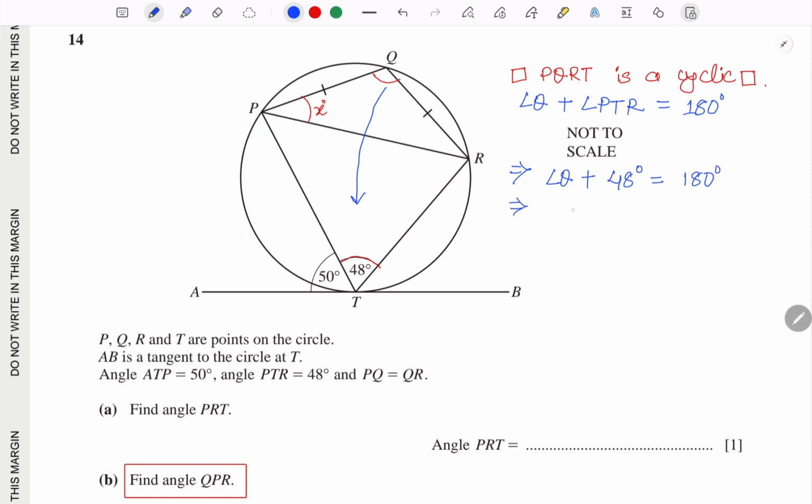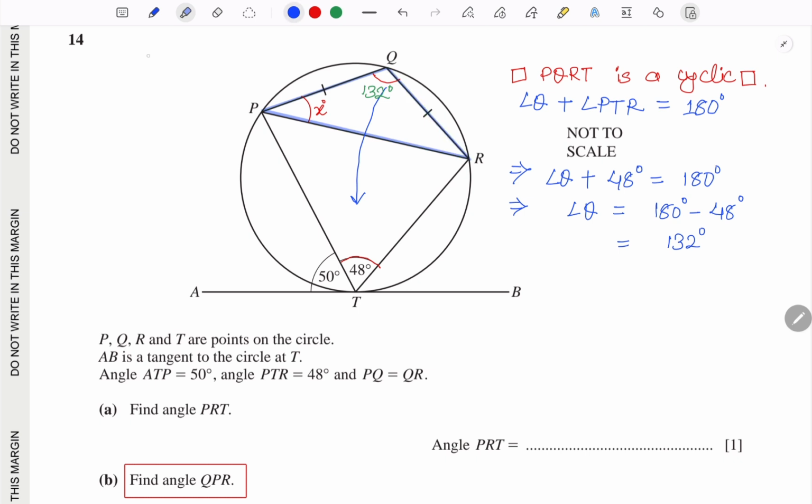From here, I can eliminate Q. It will be equal to 180 degrees minus 48 degrees equal to 132 degrees. So we have just found out the value of Q, that is 132 degrees. Now let's examine closely this triangle PQR.